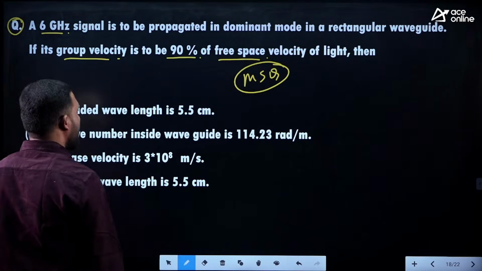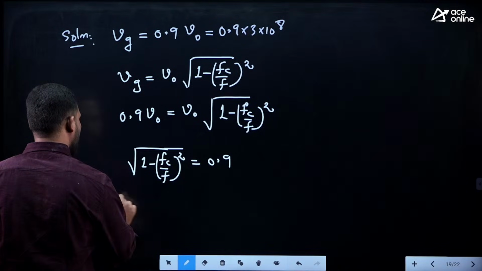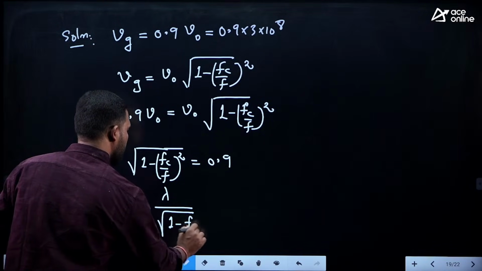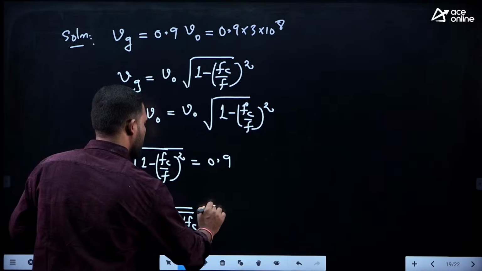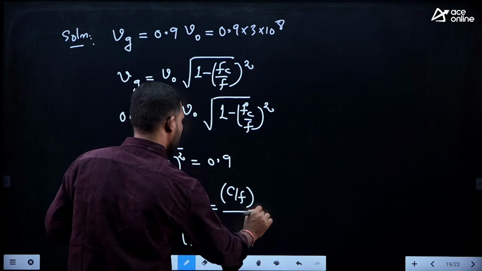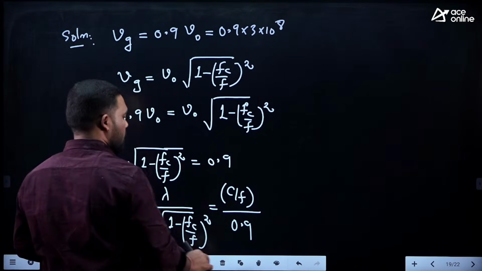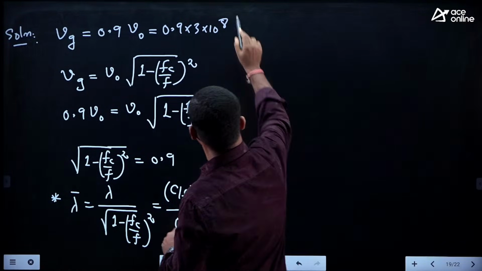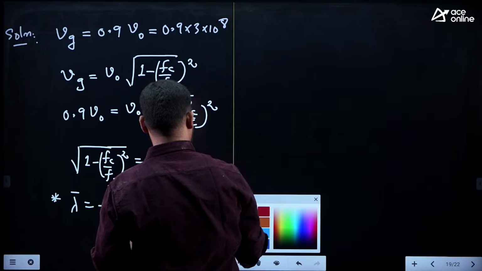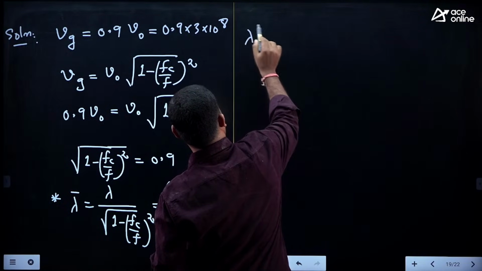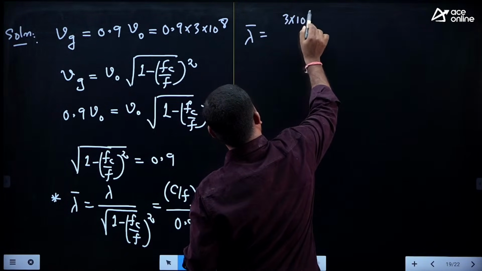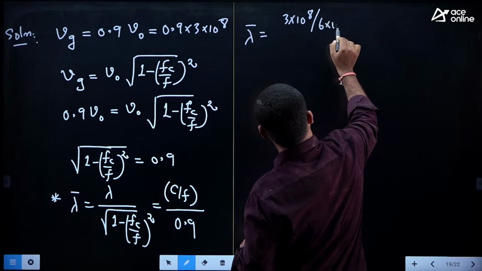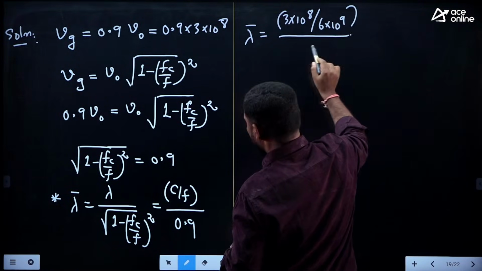What is the first part of the question asking us for? The guided wavelength. So what is the guided wavelength formula? λ̄ is equal to λ divided by square root of 1 minus (fc/f)², which is equal to c/f divided by 0.9.